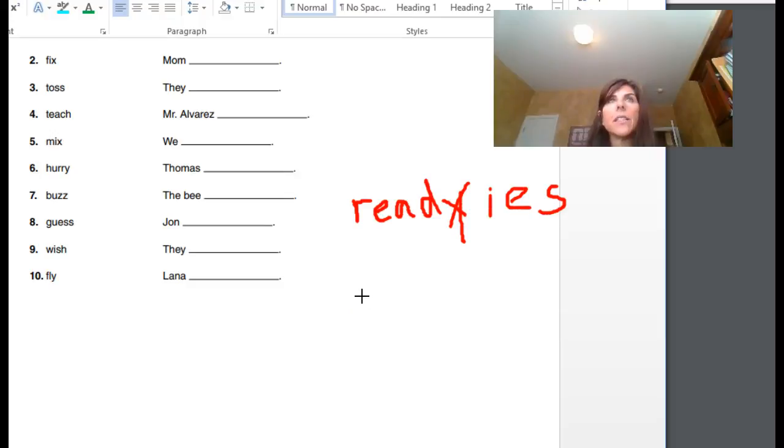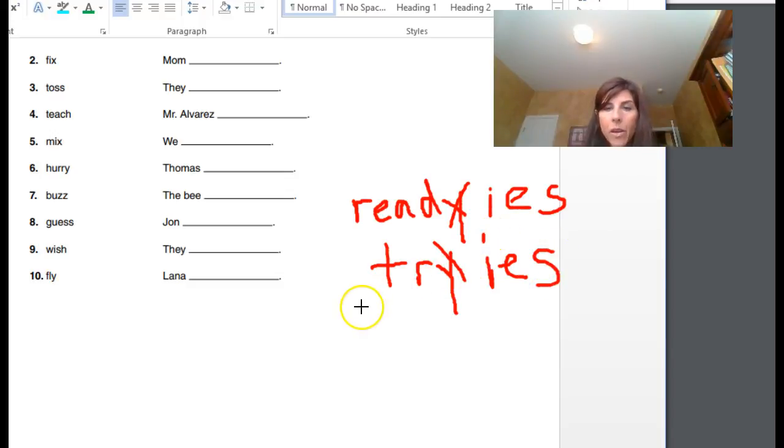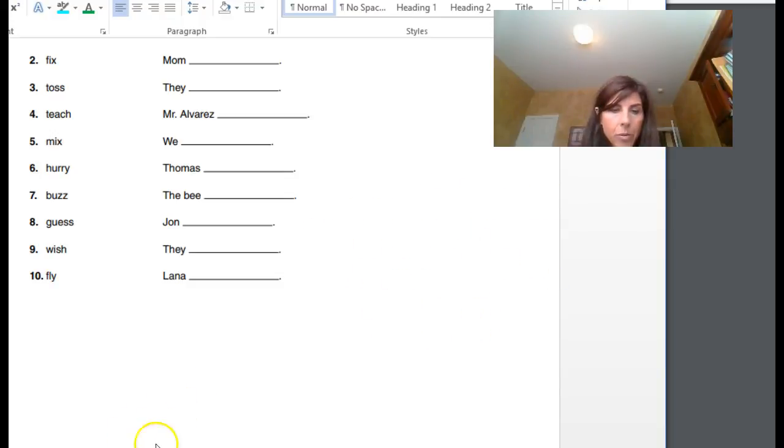Let's see. We have try. How about the word try? And then we would want to write tries. We don't want to just add an s. We would drop that y and add ies. These are some of the words that I do see quite often that kids spell incorrectly. So make note of that.